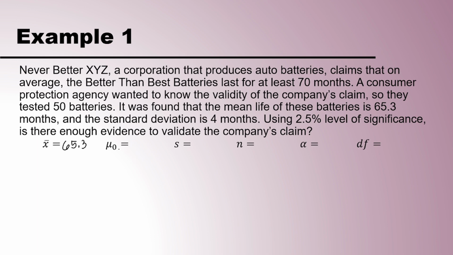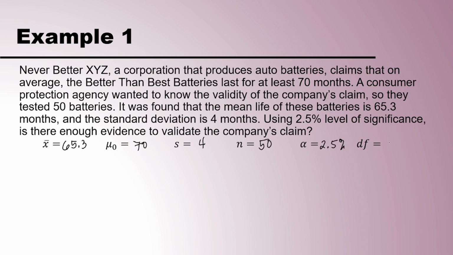Ang hina-hypothesize or ang kine-claim na mean ni Never Better XYZ is 70 months daw. Ang sample standard deviation ng 50 batteries is 4 months. n stands for the sample size, so that is 50 batteries. Ang alpha natin is 2.5%.